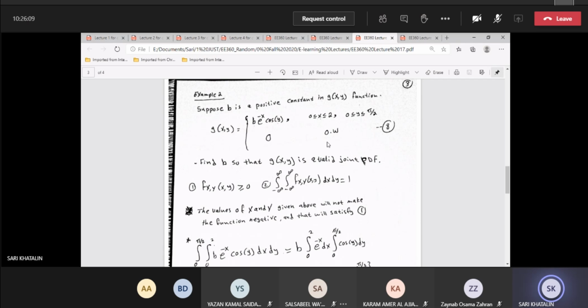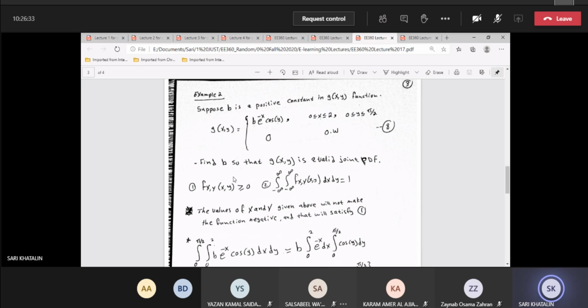Obviously, if you look at the values of x and y here, x is between 0 and 2. If you plug in any value between 0 and 2 for x, or any value for y between 0 and pi over 2, this will stay positive. Of course, it's not going to go negative.